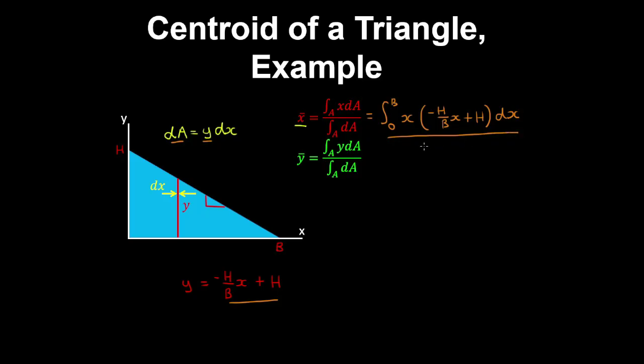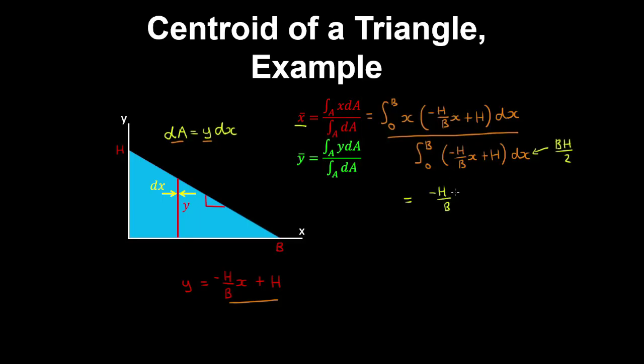And that's divided by the integral from 0 to b of dA, which is minus h on b by x plus h, and we integrate with respect to x. Now we know this integral here is going to evaluate to bh on 2, which you can verify as the area of this triangle.